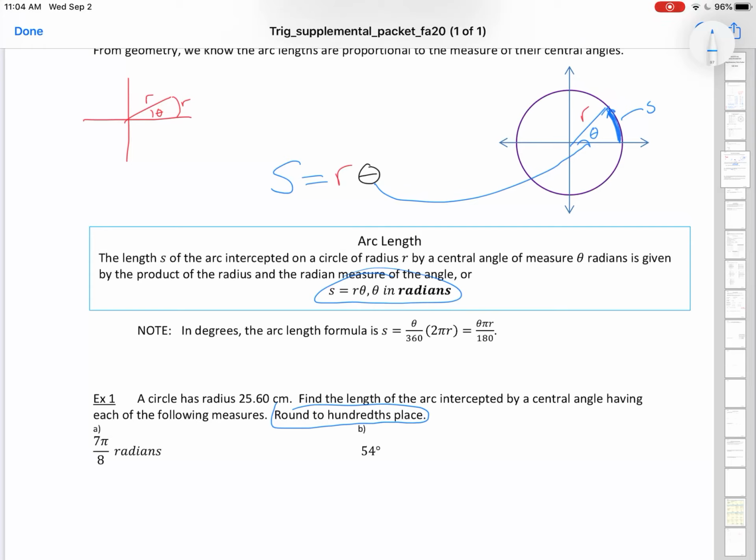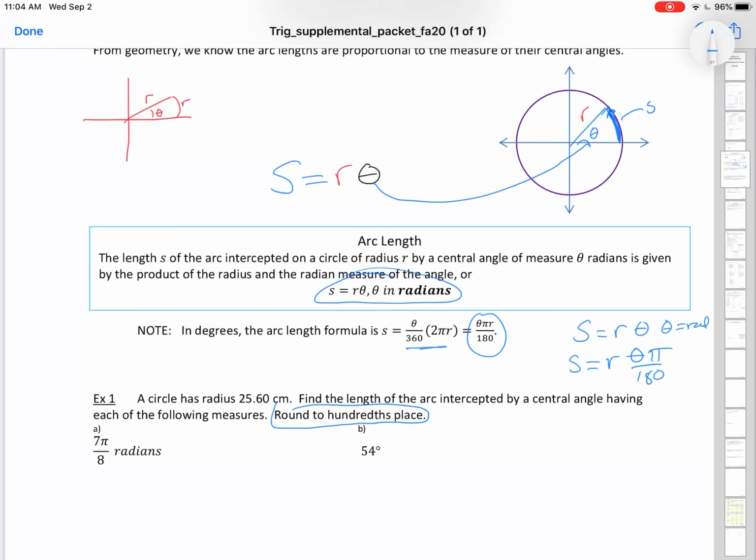It actually makes more sense here, where remember what S was equal to: R times theta if theta is in radians. If theta is in degrees, well, that's R, and you have to convert the degrees to radians by multiplying by pi over 180. So this latter formula makes sense from a conversion ratio.